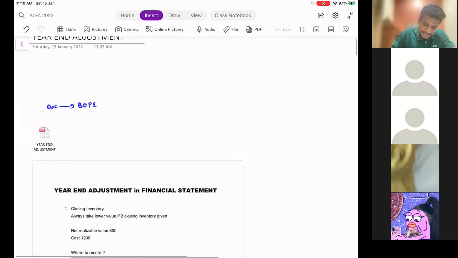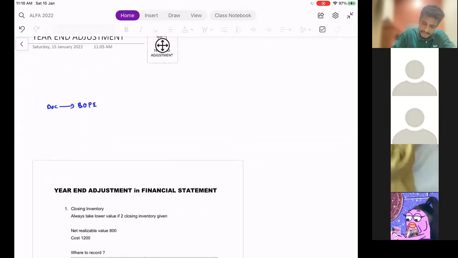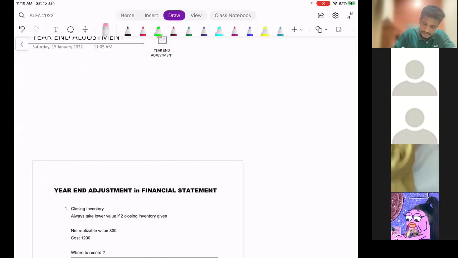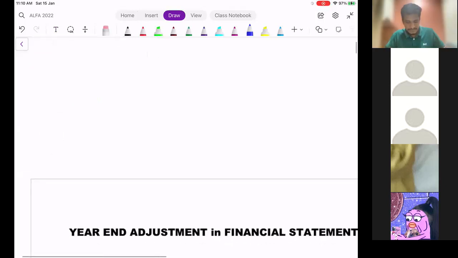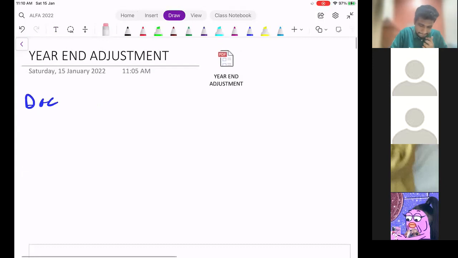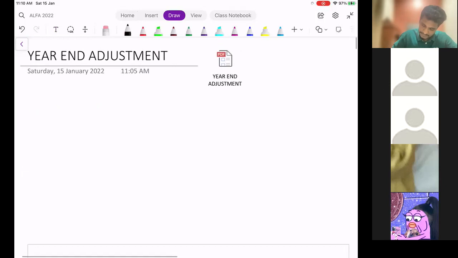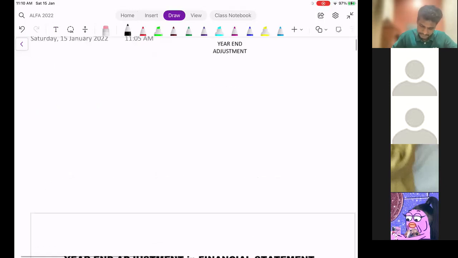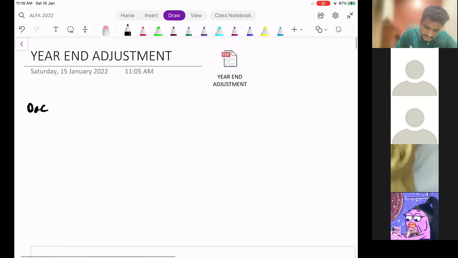Examples of documents are invoice, debit note, credit note, receipt, bank slip, bill, and check counterfoil.